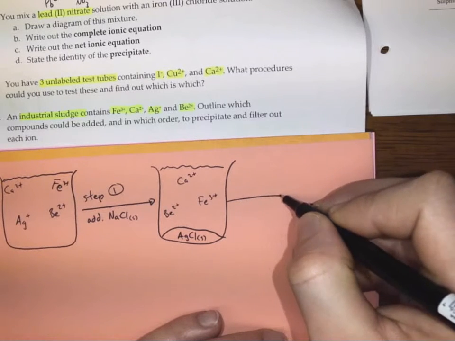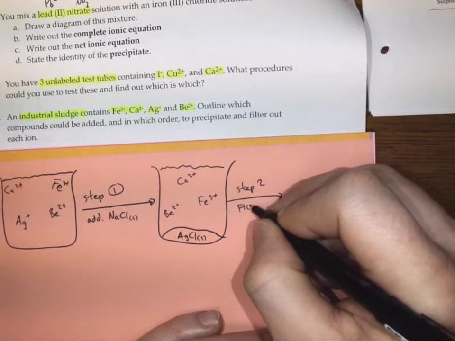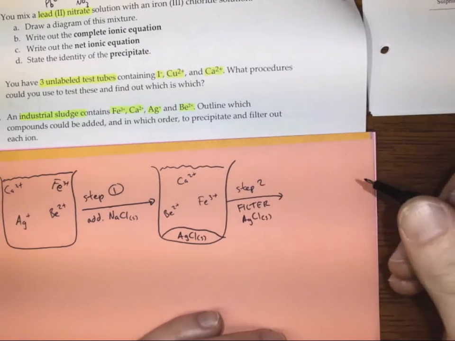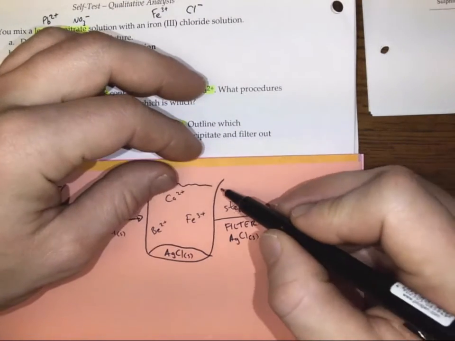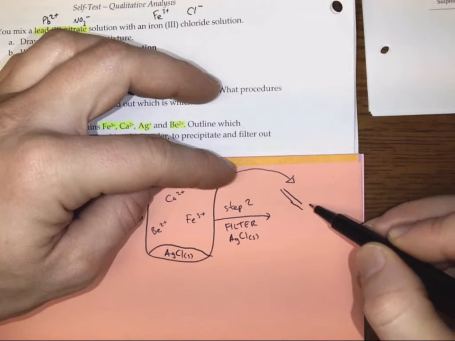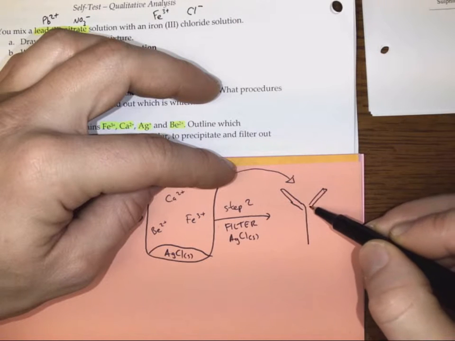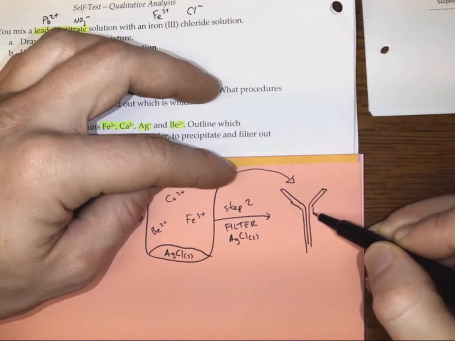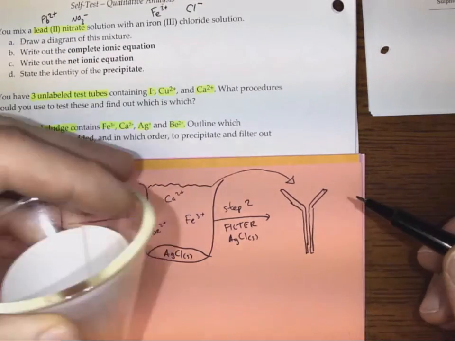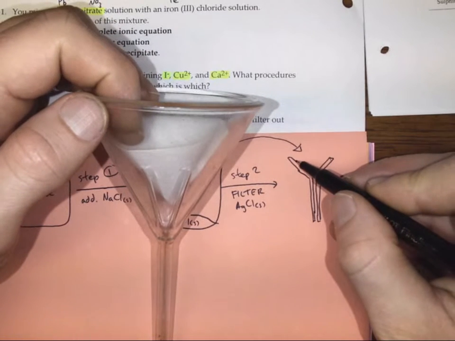So step two is to filter the AgCl solid. So that means we're going to put the whole thing through a filtration. Of course, I'm trying to draw a diagram, but don't worry too much about the diagram. I'm trying to draw a profile of it. It's a funnel. It's got a filter in here.